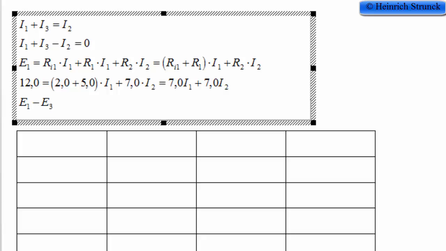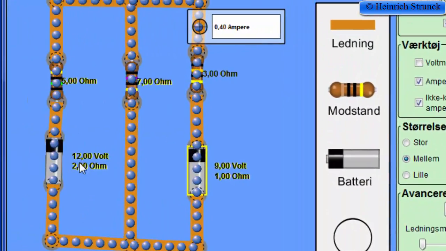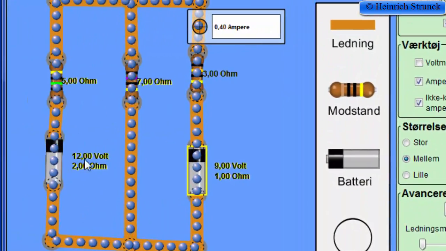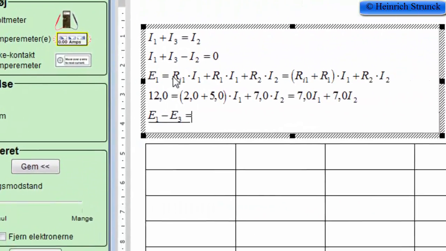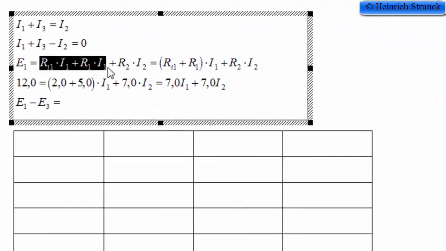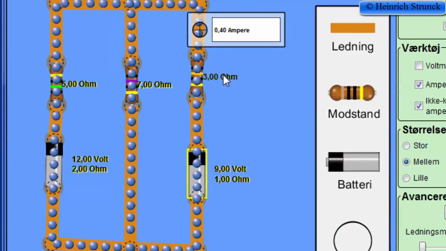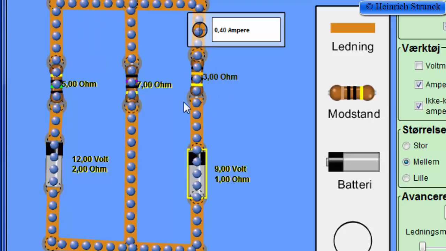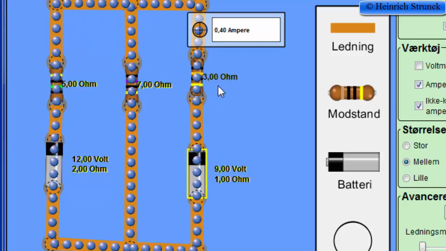That must be equal to, and then all the voltage drops. Over here we have the same story as before, so we just copy that. Then it is minus R3 times I3.